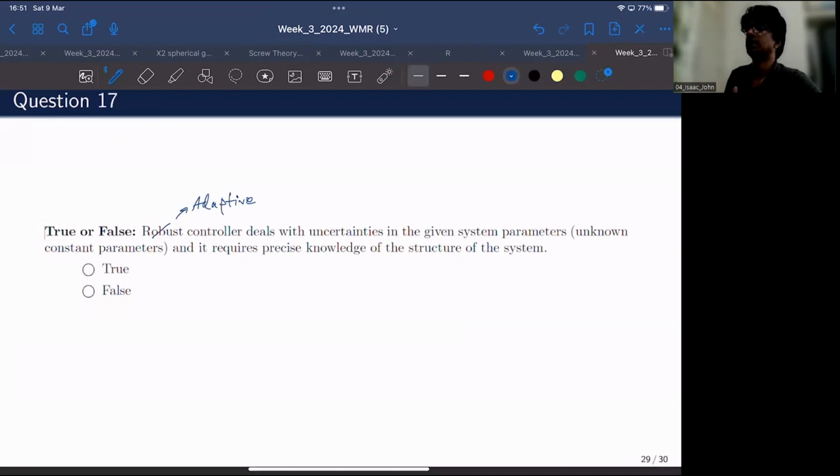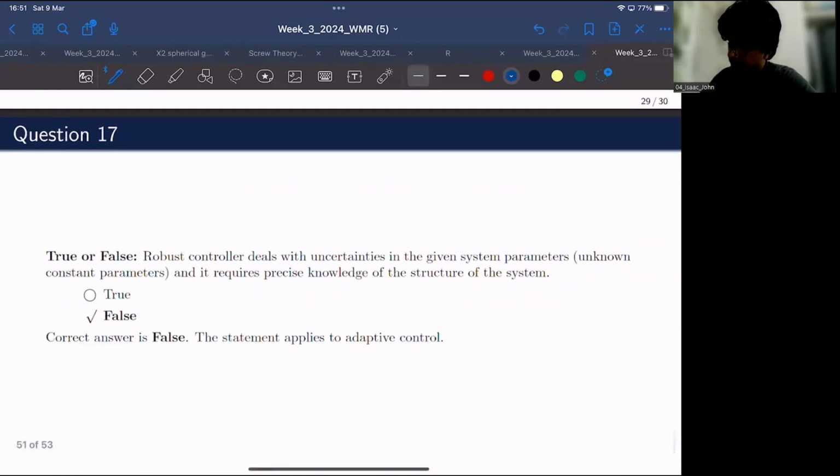We know the constant parameters and we know the upper and lower bounds. If the constant parameters are within these bounds, we can control the robot using the same controller without much of an issue. Since this is true for adaptive and not for robust controller, the statement is false.